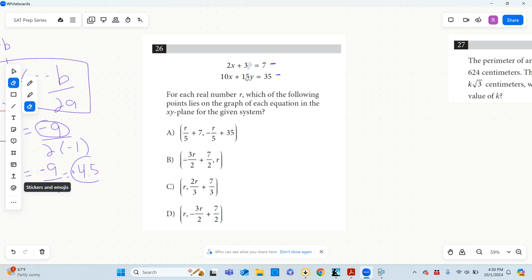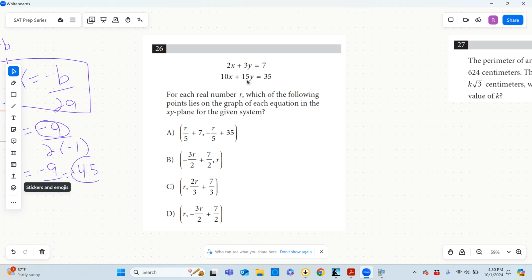They are the same line. So what does that mean? If I look back at the question, it says for each real number r, which of the following points lies on the graph of each equation in the xy plane for the given system.